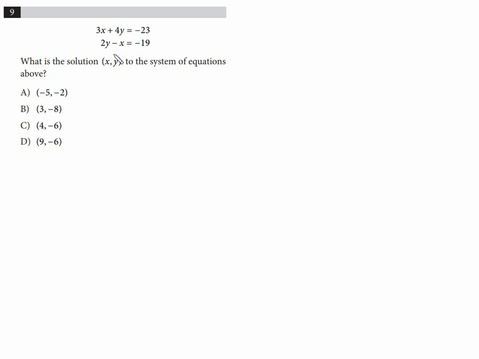In this case, I'm going to set both of these equations in terms of x. So in the first one, 3x plus 4y equals negative 23.